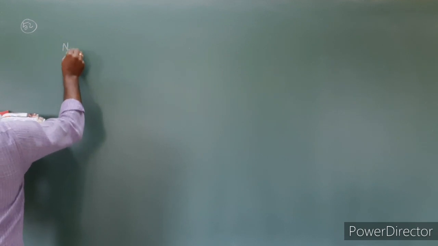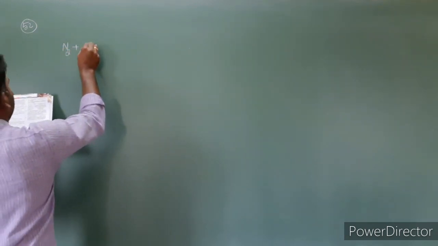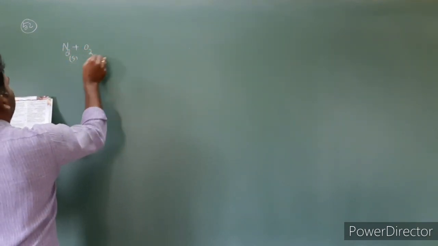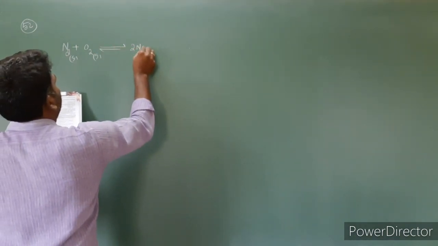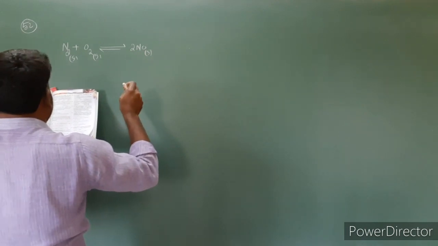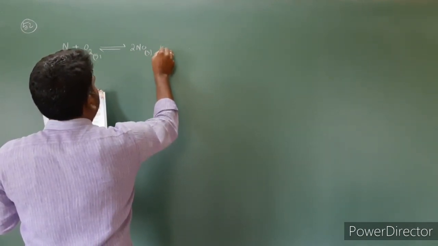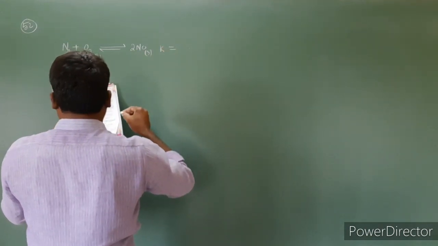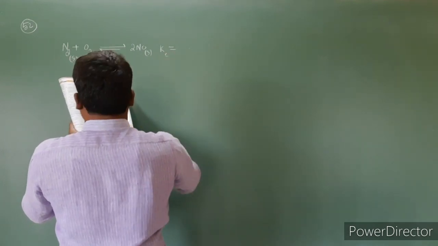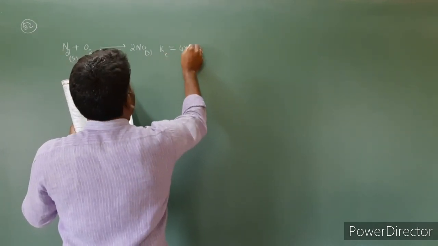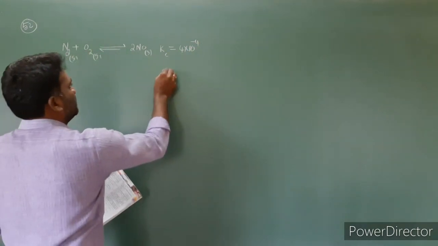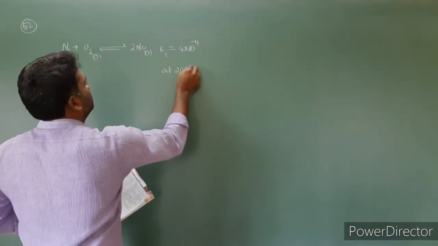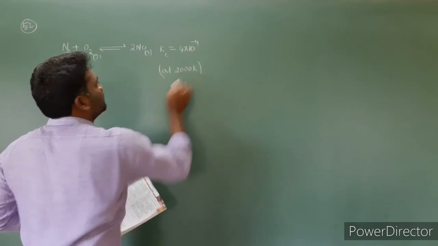So first let us write the equation: N2 plus O2 gives rise to 2NO. It is a gas. The equilibrium constant K is equal to 4 into 10 power minus 4 at 2000 Kelvin.